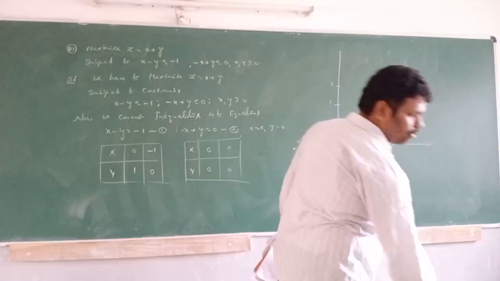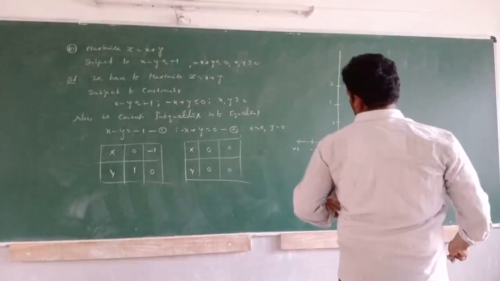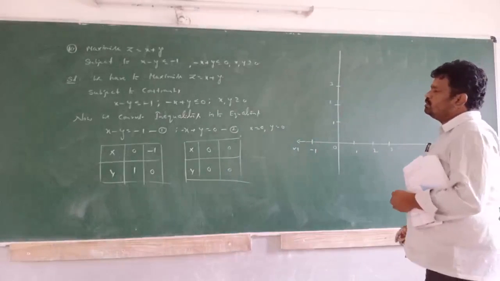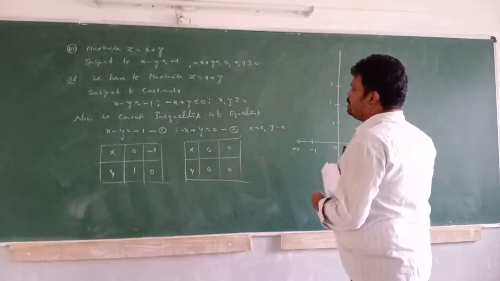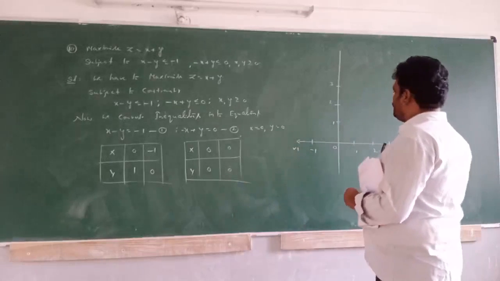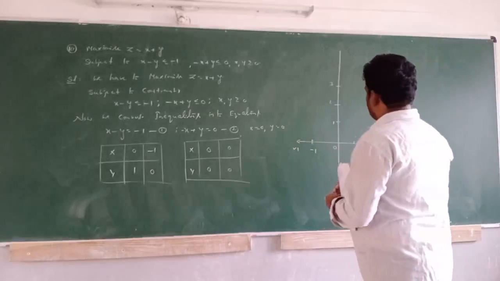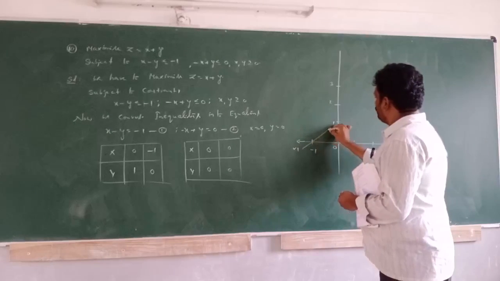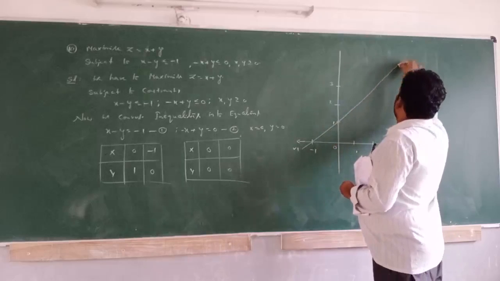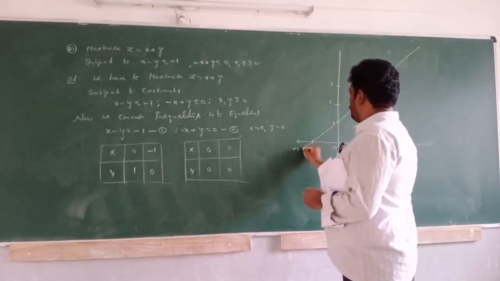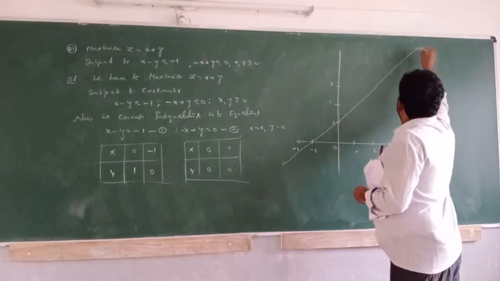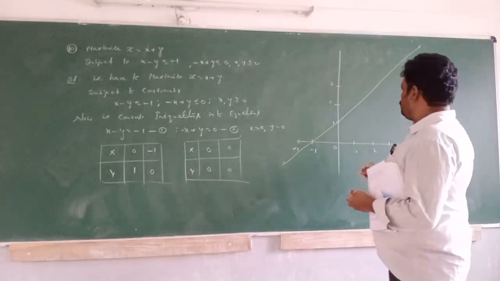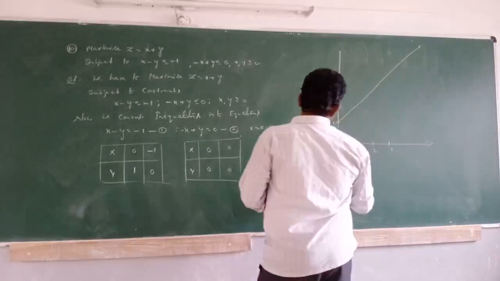Now see points if you want to draw on a number line. So the first one, for the inequality, x is equal to 0, y is 1, this point. And next, 0 to minus 1, this point. Now if you extend this line, this is the line. Okay? Next one is horizontal.